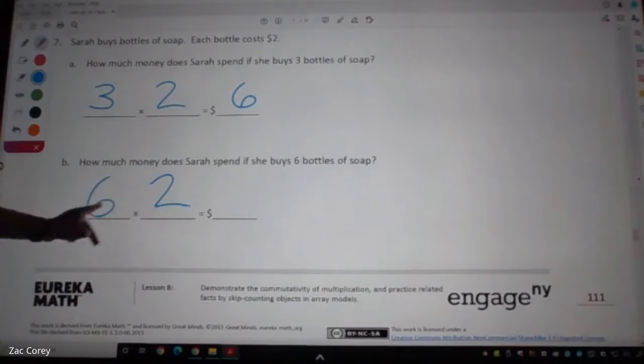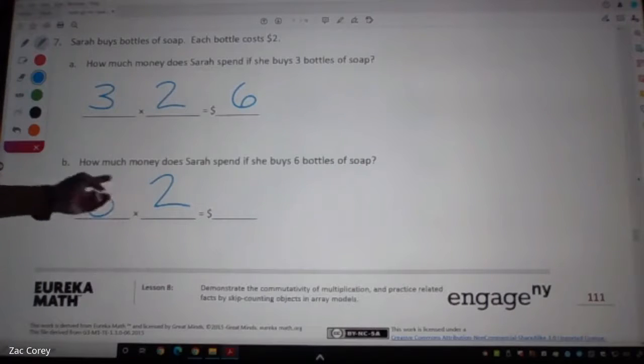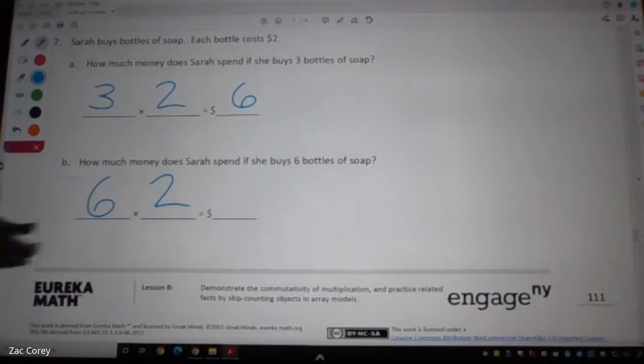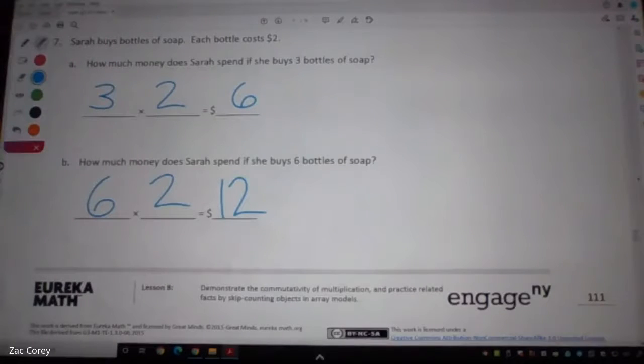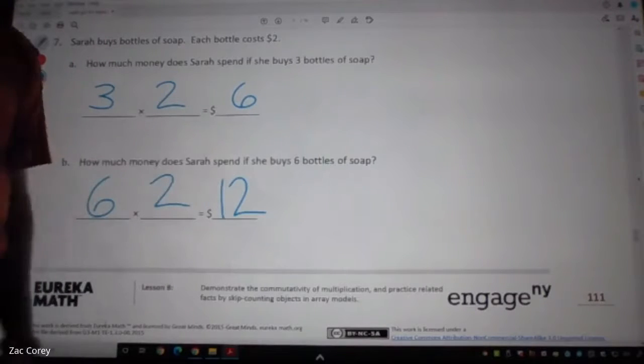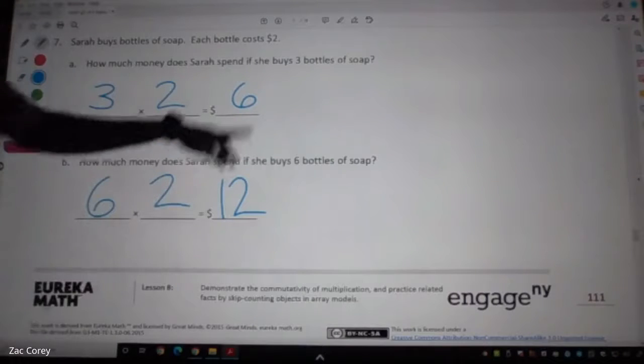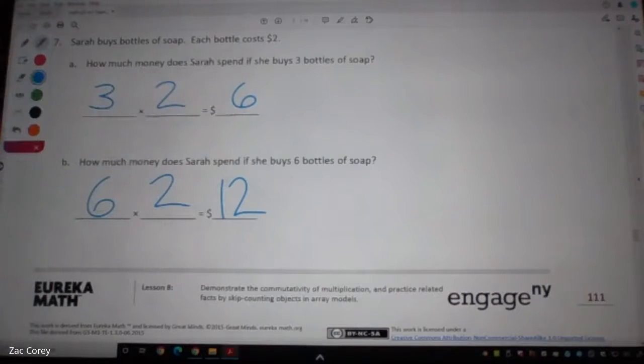Instead of counting by 2 6 times, why don't we this time go ahead and count by 6 2 times, all right? So 6 plus 6 equals 12. All right, so if Sarah buys 6 bottles, it'd be $12. She only buys 3 bottles, it'd be 6. So it kind of depends on how much money she brought that day, right?